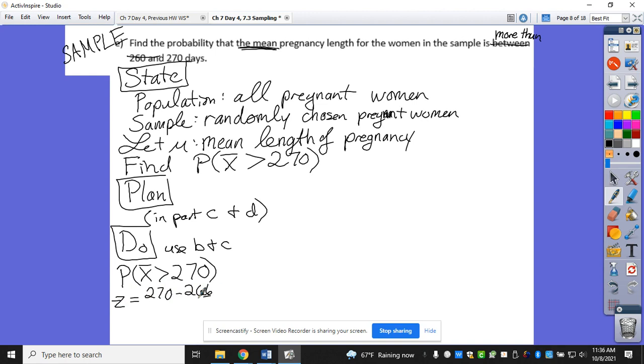But now it's going to be, as opposed to part A, divided by... Those were squished on the top. It's value minus mean. Our mean is 266. Our population mean.